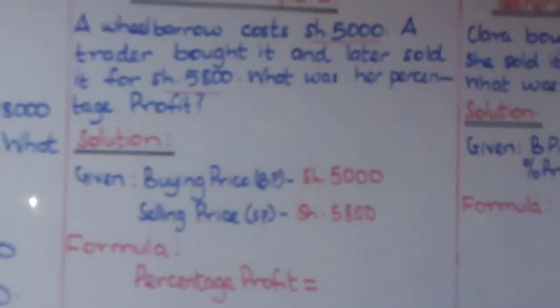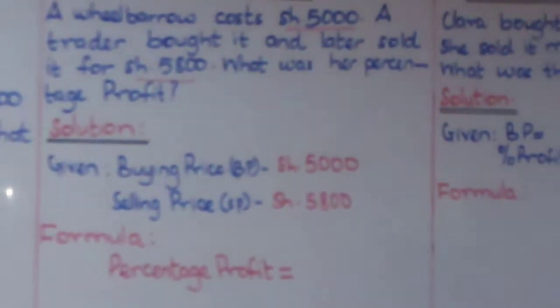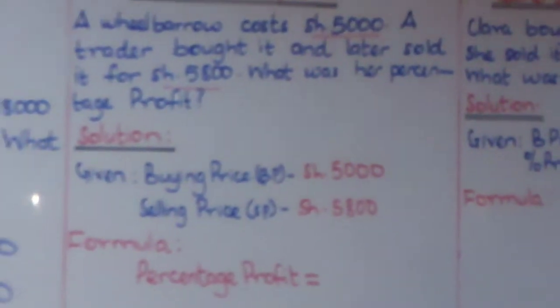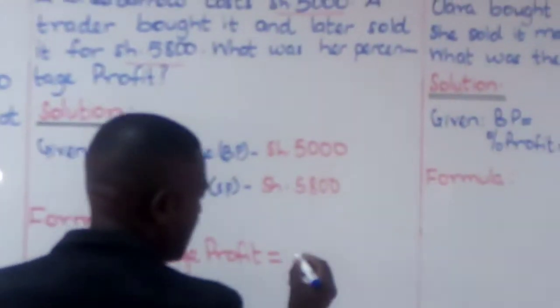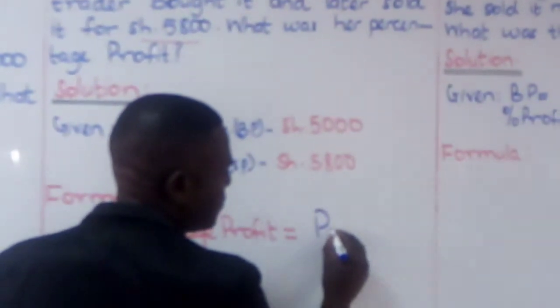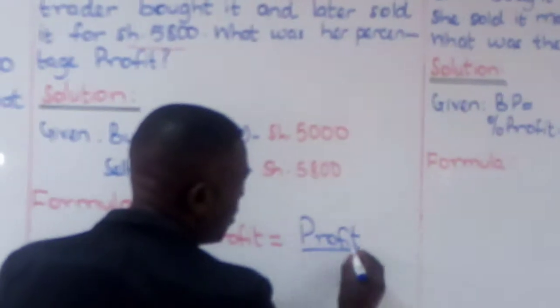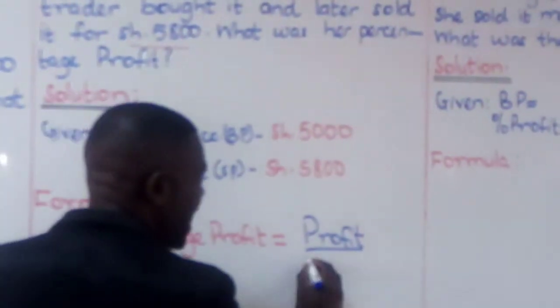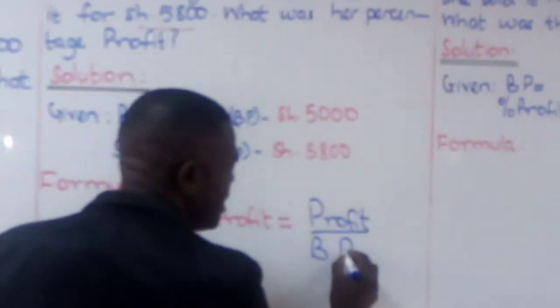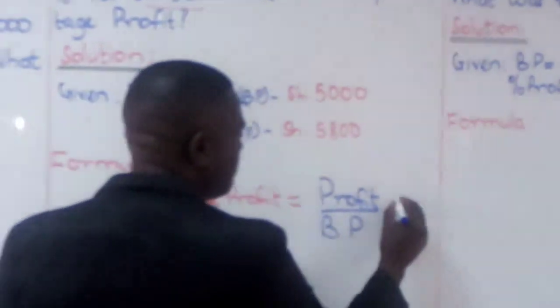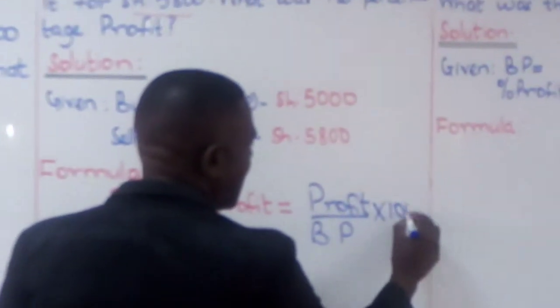Now, let's look at percentage profit. Percentage profit is denoted by profit over buying price, that's BP, multiplied by 100.